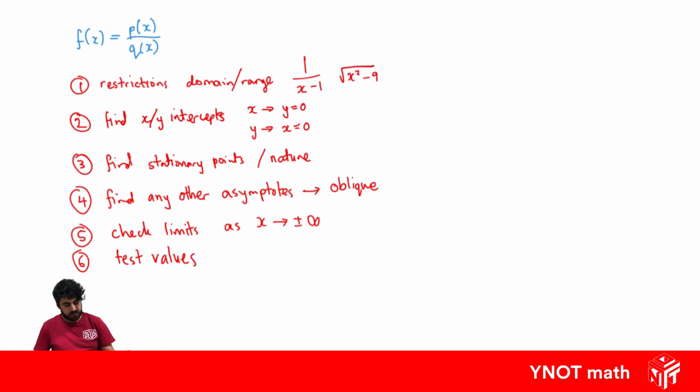Now, some of the hardest things to do are finding asymptotes sometimes, and we're going to write some things down which might help us. If we have a function in the form f of x equals p of x over q of x, we're interested in the degrees of the polynomials.